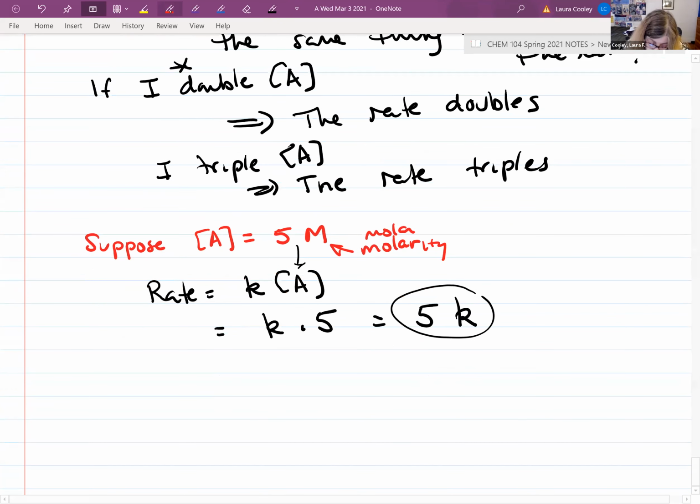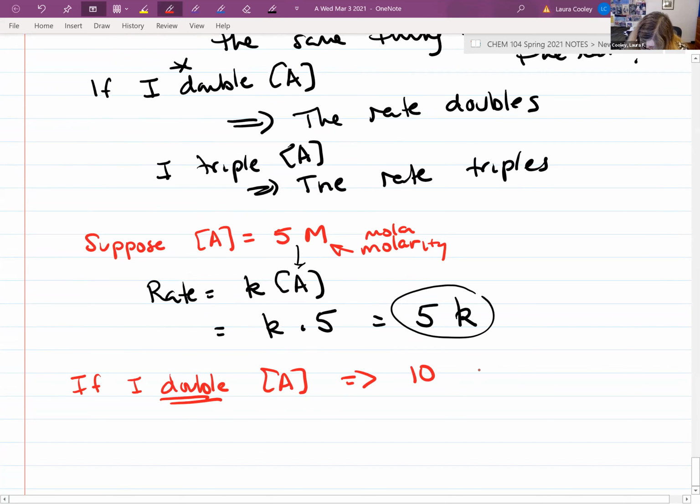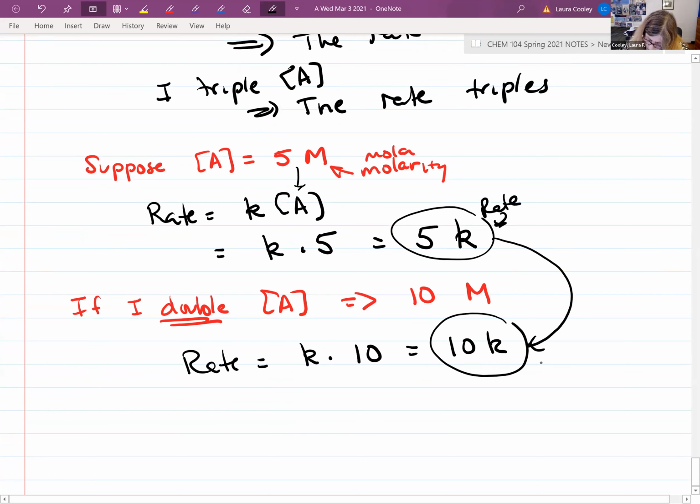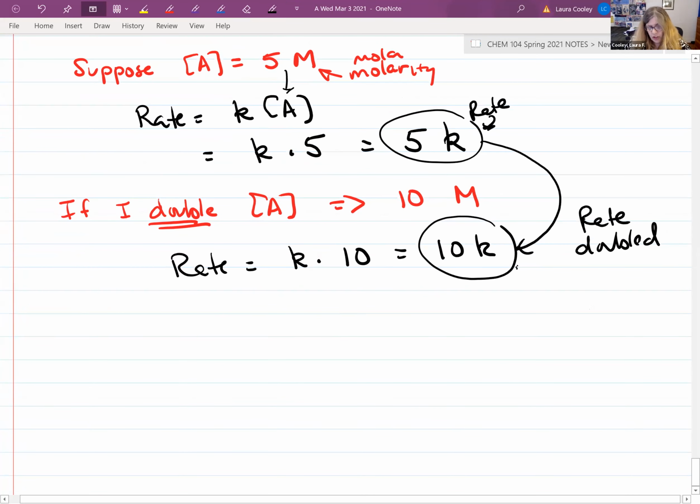But now, if I double the concentration of A, so I make it 10 molar, what is the rate then? It's K times 10, or 10K. So you could see that here the rate was 5K. Now the rate is 10K. So the rate also doubled. That's what it means to be a proportion.